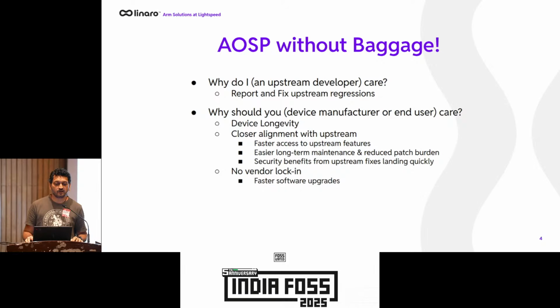So a quick slide on why we are doing this and why do we care. Why do I as an upstream developer care about this? And why should you as an end user or as a device manufacturer care about it? So we at Linaro maintain AOSP on a variety of member devices.